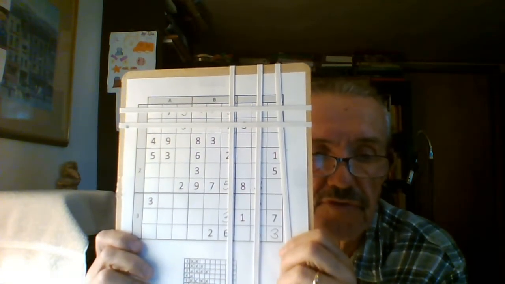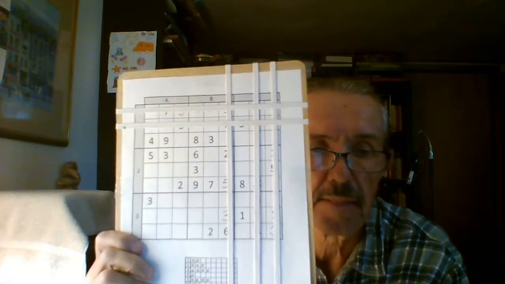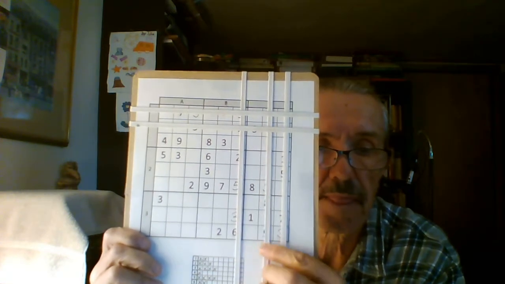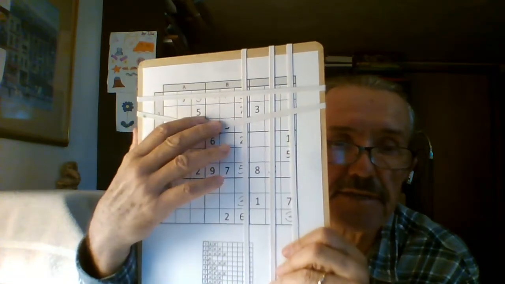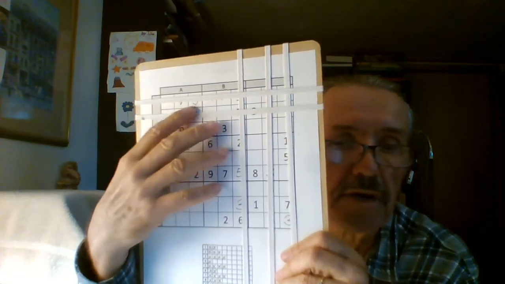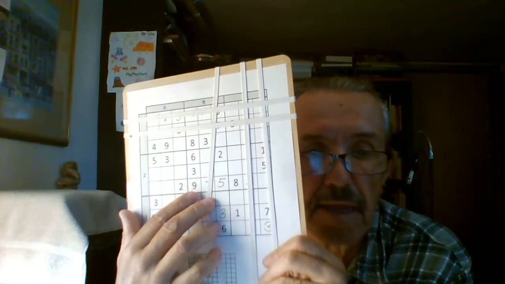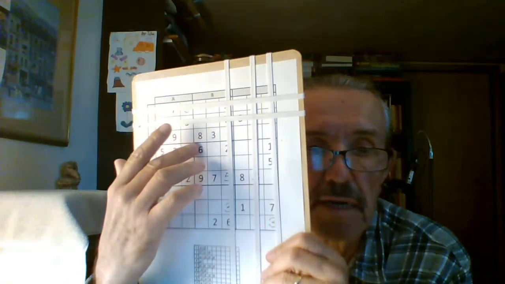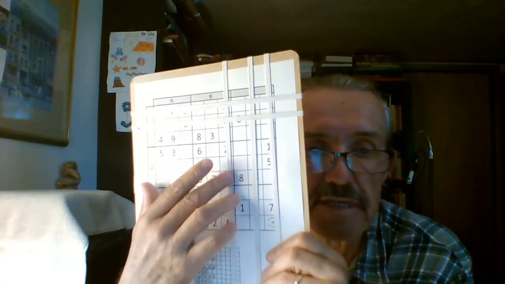Number 5 already exists in this column, in this row, and right now we have to look at the neighbor square, and you see the number 5 exists in this row.